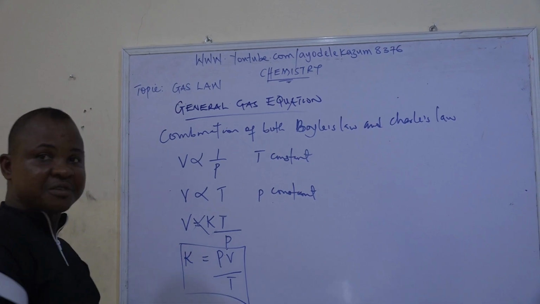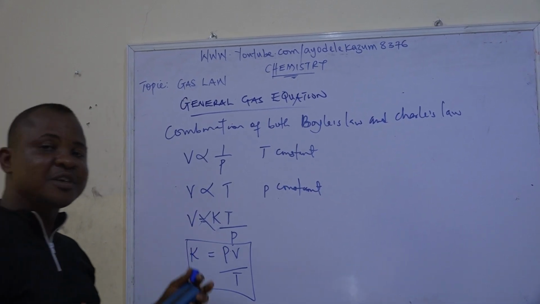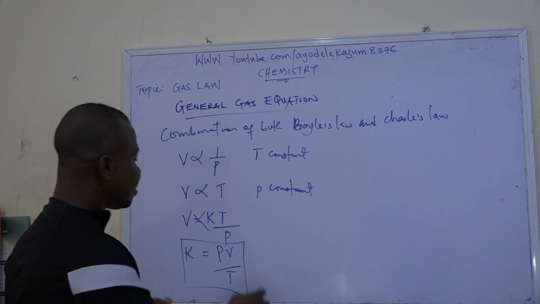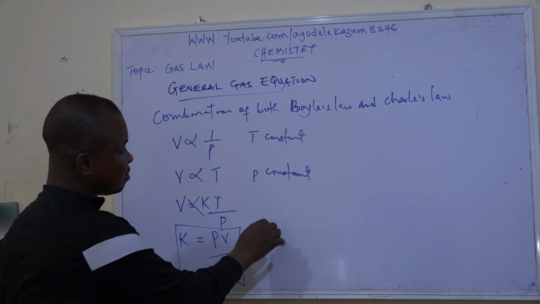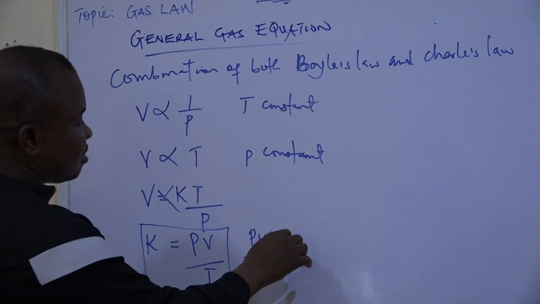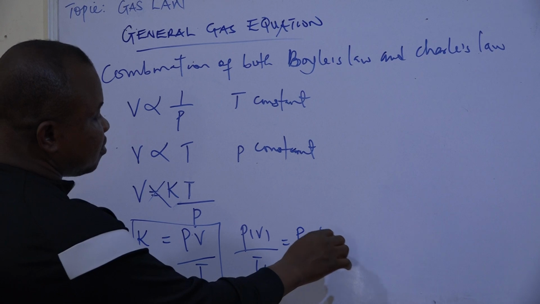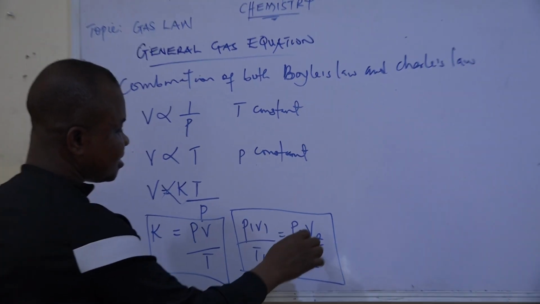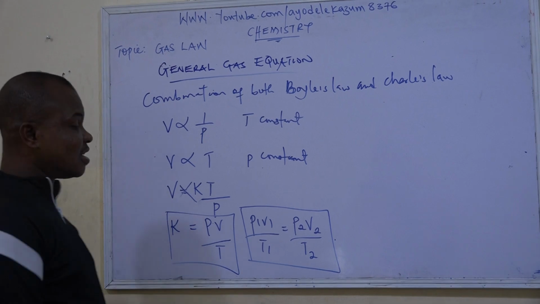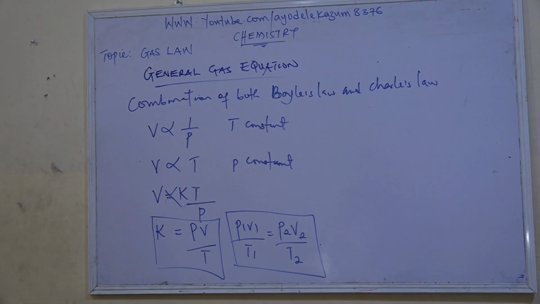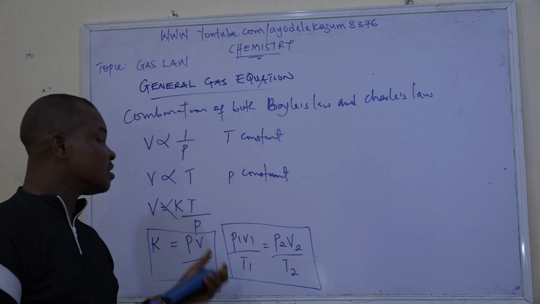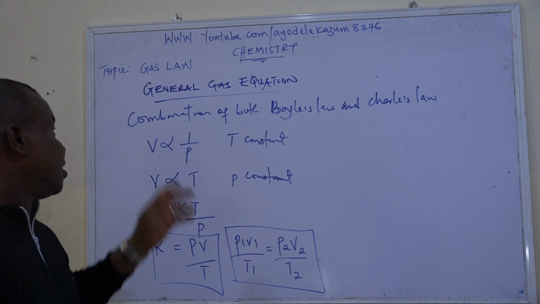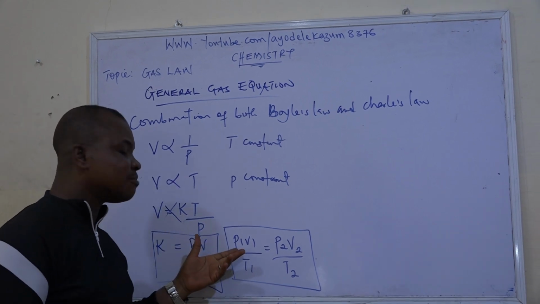Now, as we vary Boyle's law and Charles' law, we are going to have our formula as P1 V1 over T1 equals P2 V2 over T2. Did you get it? This is our general gas equation. That's what we're going to be using for all our calculations on this topic. What is the meaning of P1?